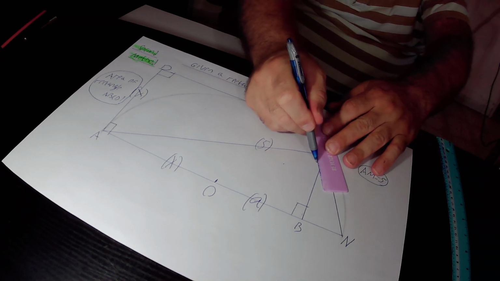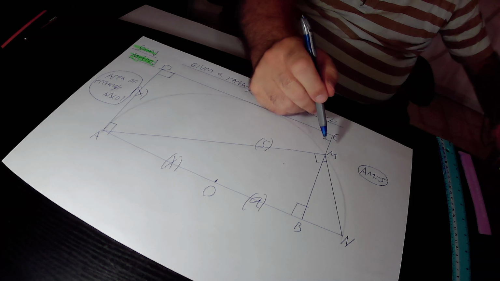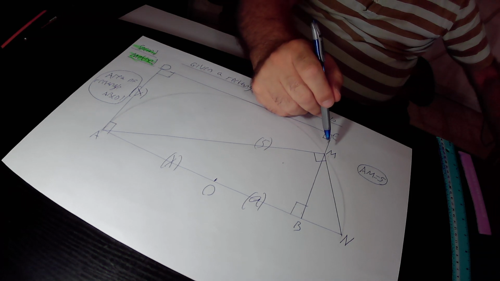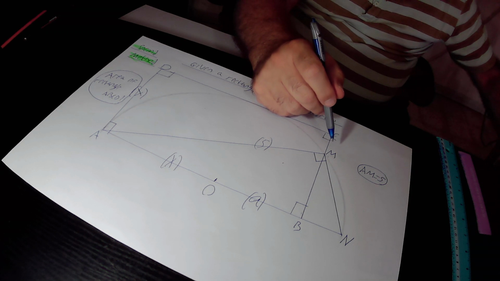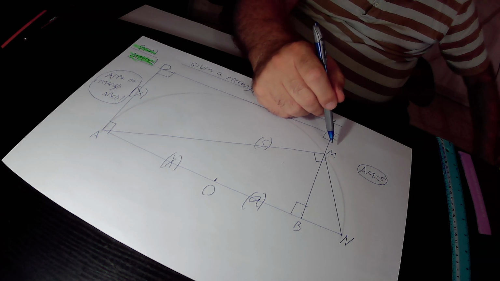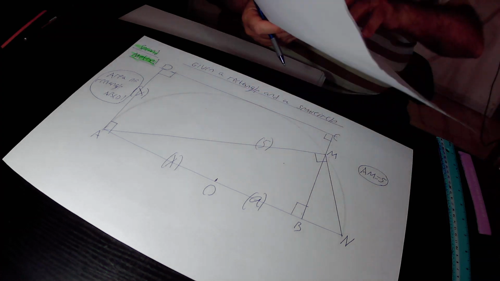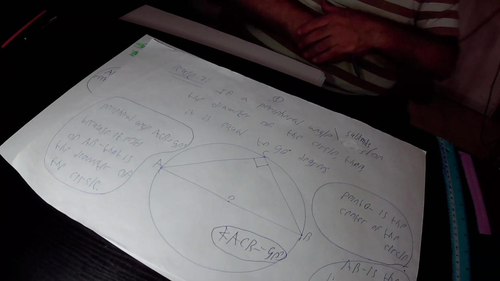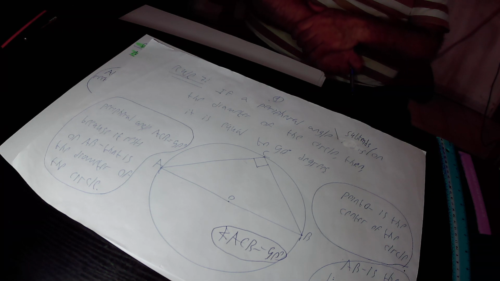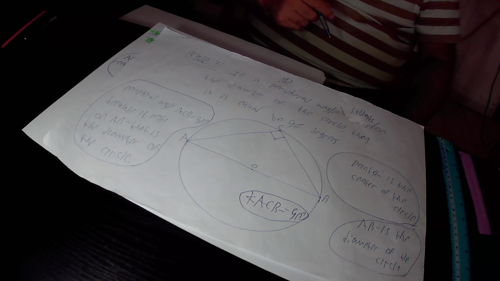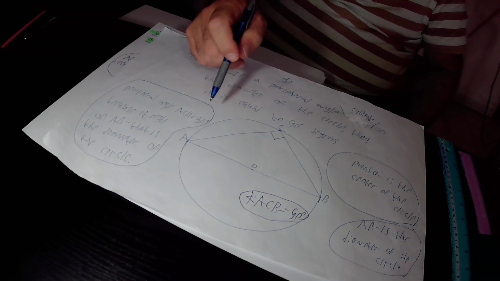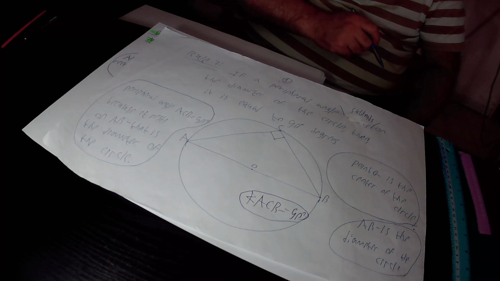So I repeat quickly on rule 7. According to rule 7, if a peripheral angle subtends on the diameter of the circle, then it is equal to 90 degrees. So in the drawing we have a circle, and we know that AB is the diameter of this circle.